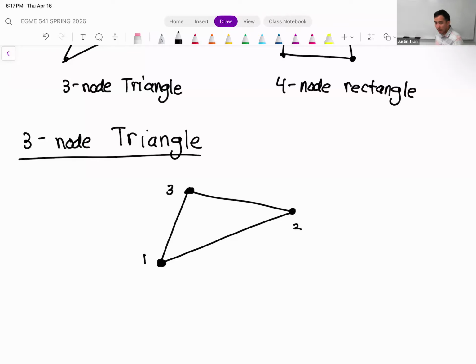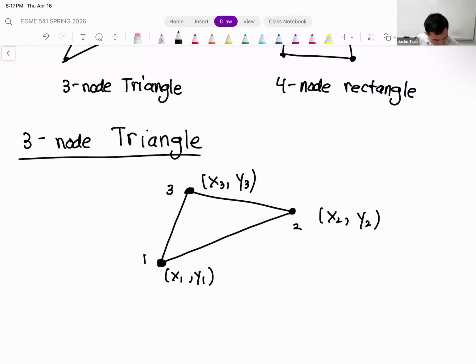It doesn't really matter which node is which. We just do an arbitrary triangle here, but someone has to be 1, someone has to be 2, someone has to be 3. We are going to specify the physical locations of each node, so we're going to know its x and y coordinates: x1, y1, x2, y2, x3, y3.